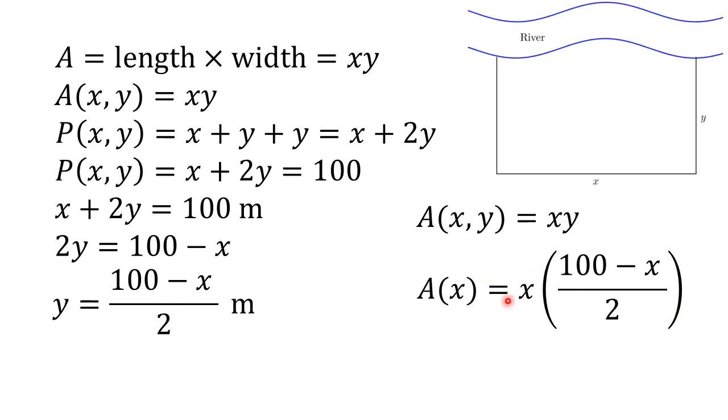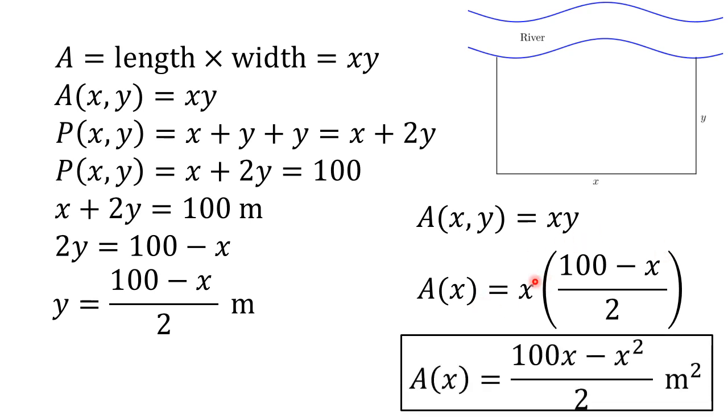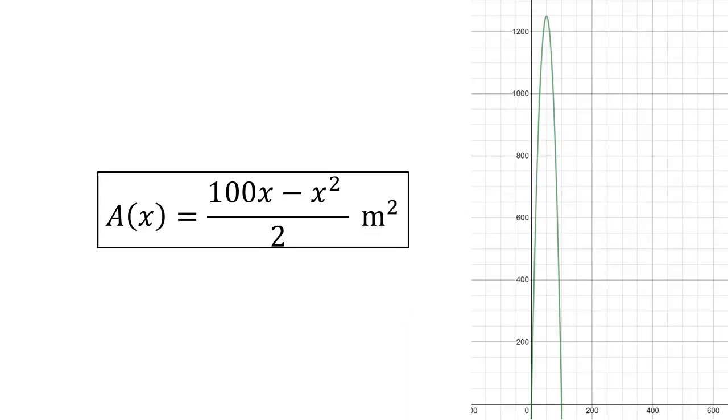And you can simplify this equation, magiging 100x minus x squared all over 2 square meters. Yun yung area or yung function of area in terms of x. And that is the final answer. And if we want to graph this function, ang makukuha natin is a parabola.